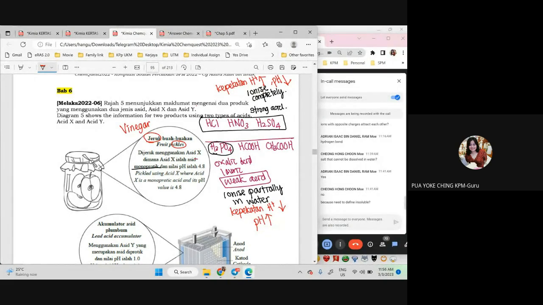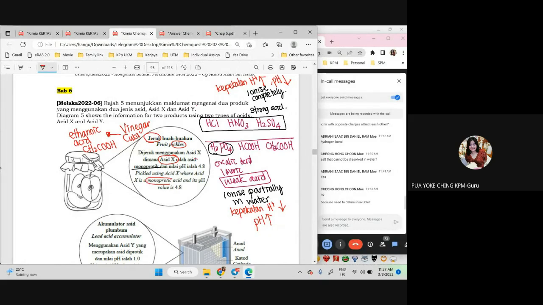Bahan yang ada di dapur yang kamu nak pakai tu mesti datang daripada you punya cuka. So, dalam cuka, asid yang wujud hanyalah ethanoic acid, which is your CH3COOH. So, you dah tahu acid X adalah CH3COOH.